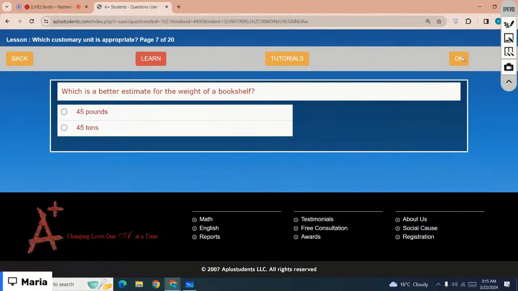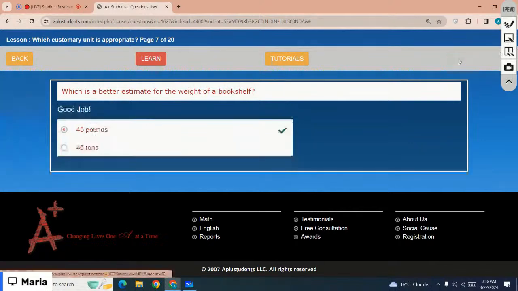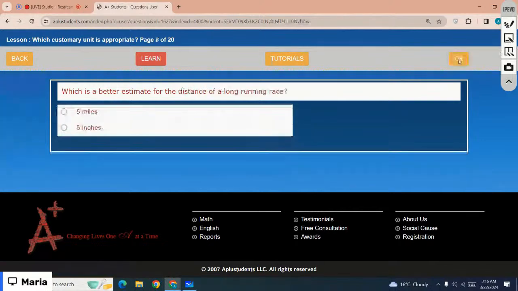No, I think 45 tons is too much. In 1 ton, you have 2000 pounds. That is 45 pounds, not 45 tons, because 45 tons is too much, right? So it is 45 pounds.